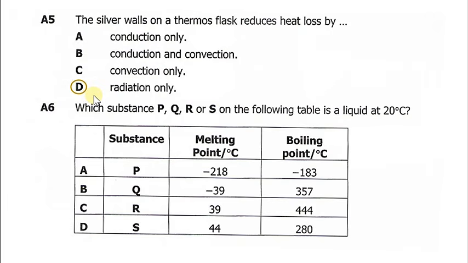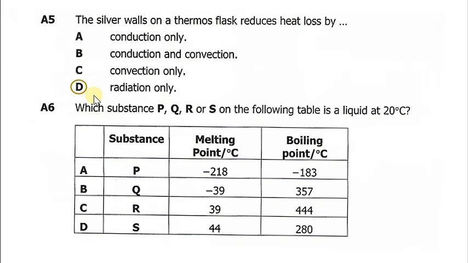Convection is the transfer of heat through fluids like air and liquids. Conduction is the transfer of heat through solid materials, where there is vibration of atoms getting in contact with each other. Electrons are moving and contacting each other, and in the process heat is being transferred.